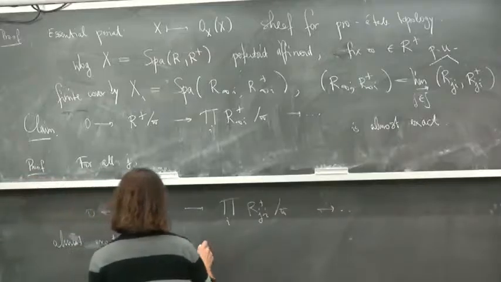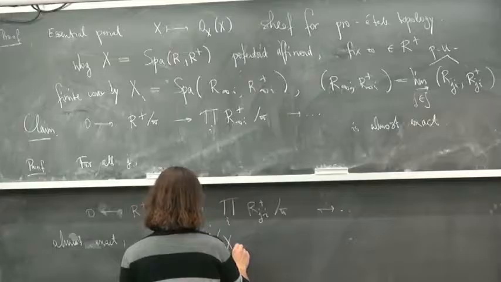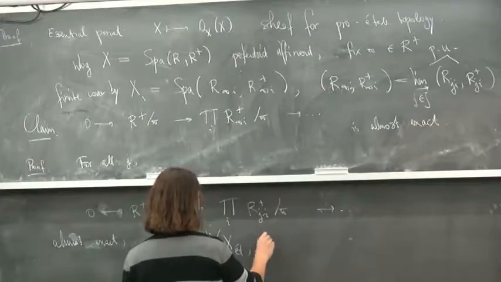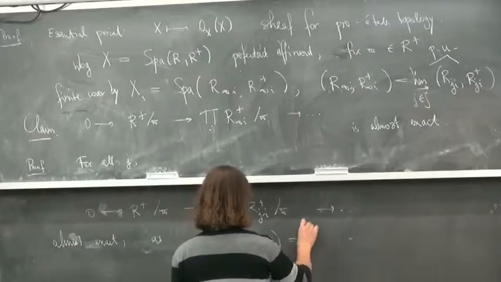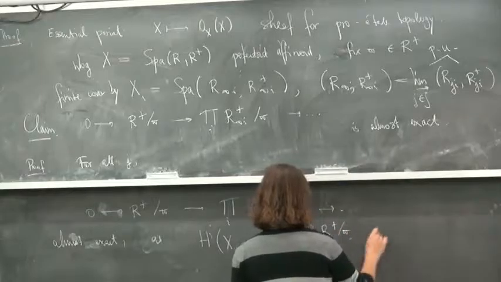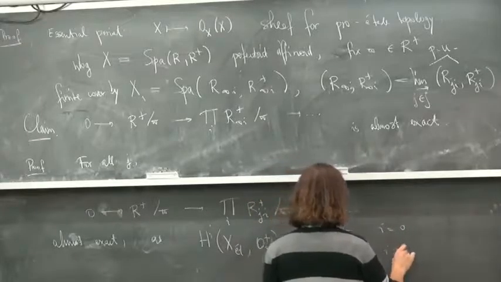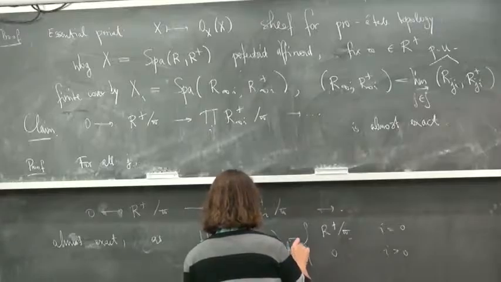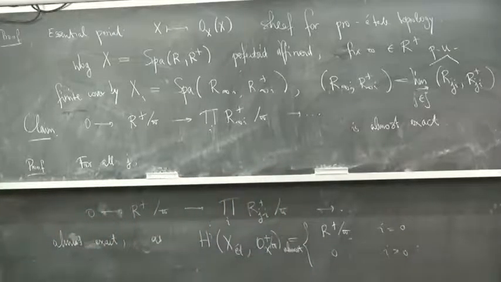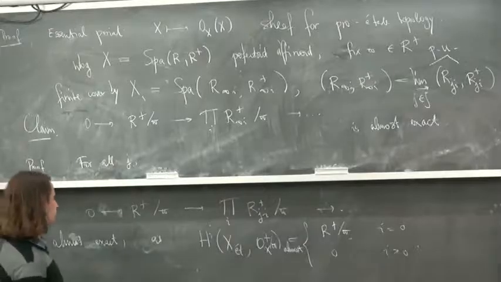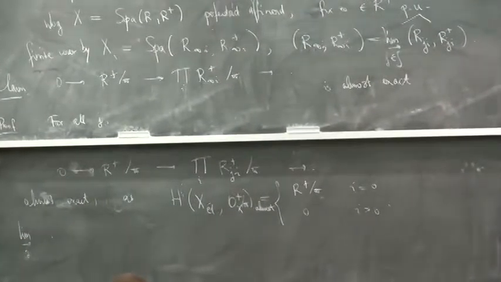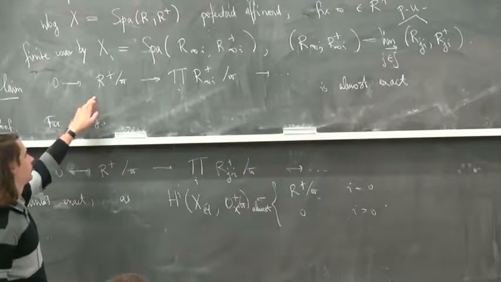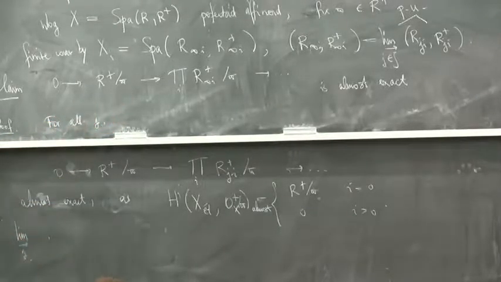That's because of the higher cohomology on the étale side. So all of these are now étale. And we know that for affinoids, the higher cohomology of OX plus is almost mod pi. It's R plus mod pi in degree i equals 0, and 0 if i is bigger than 0, at least almost. And so now we can take a direct limit over all j. And because we're working mod pi, we really get the sequence for the infinities and don't have to complete.